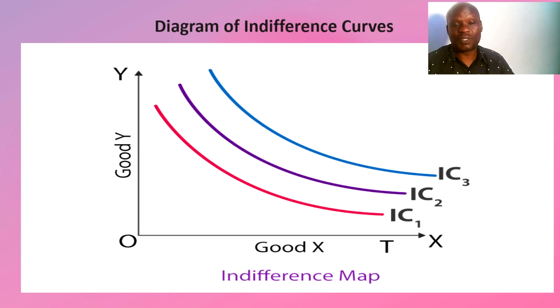So that's what it means. So there are only 4 properties: the downward sloping, convex to the origin, non-intersecting, then higher indifference curve gives higher returns.